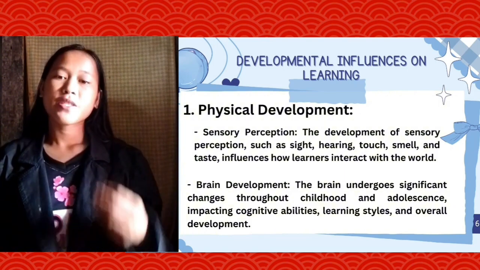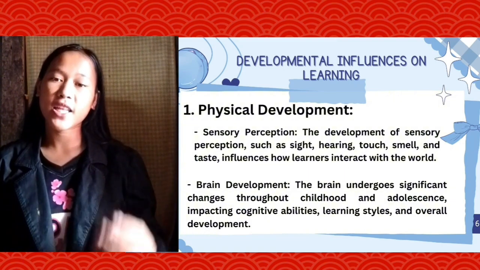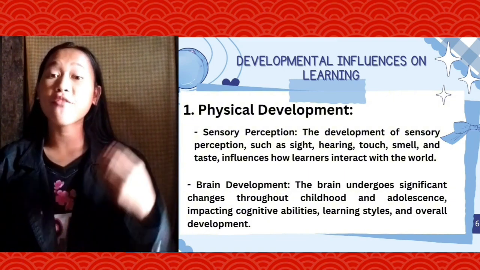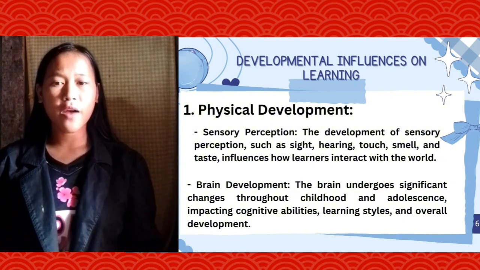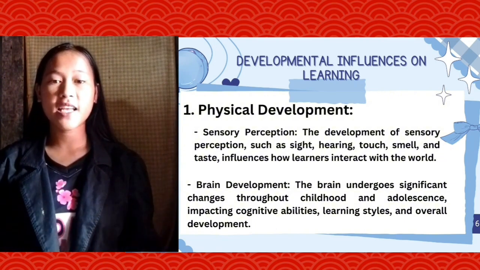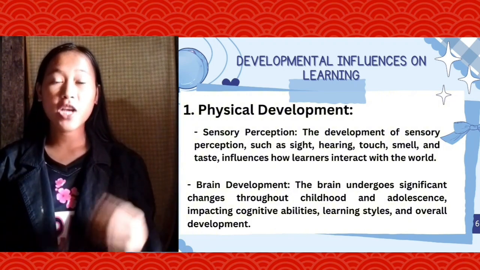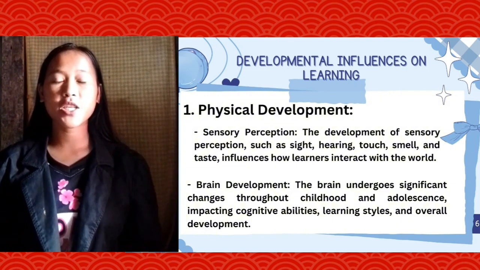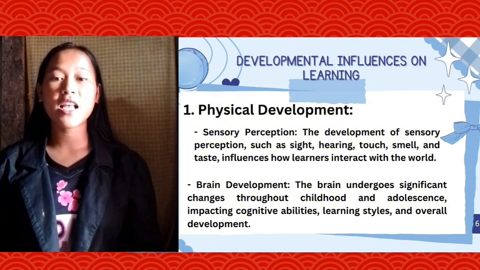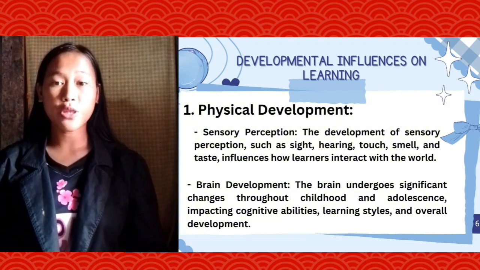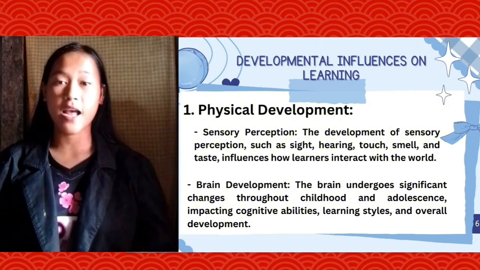In short, sensory perception is vital for children's learning and development. By providing rich sensory experiences and supporting those with sensory processing challenges, we can help children thrive and learn to their full potential.